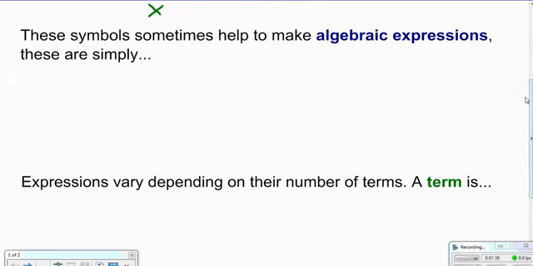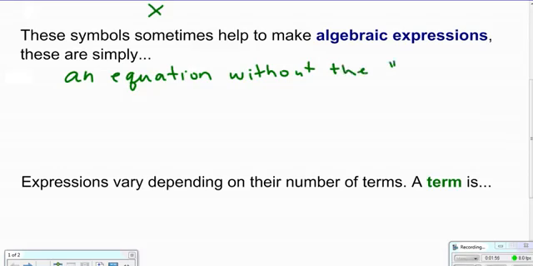So sometimes we can use these to make algebraic expressions, and basically what an expression is, it's an equation without the equal sign. Okay, so something like A plus B plus C is an expression because there's no equal sign.